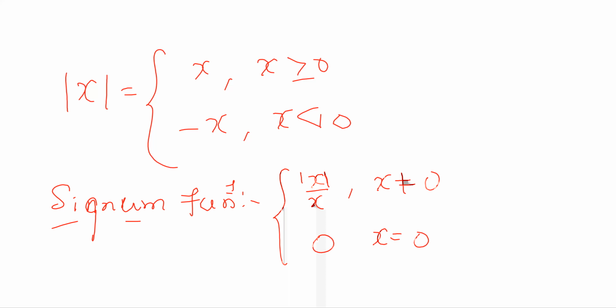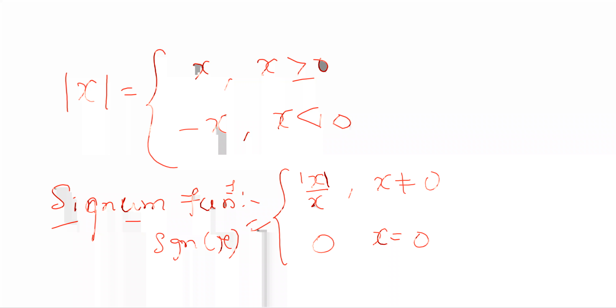We indicate it by sgn of x. Sgn of x equals mod x by x whenever x is not equal to 0. It may be positive or negative, and it is 0 for x equals 0.